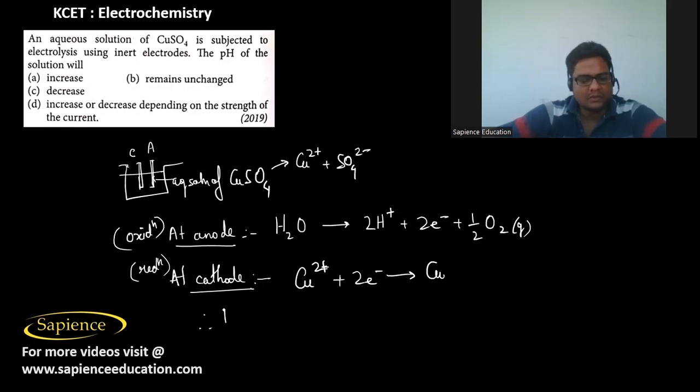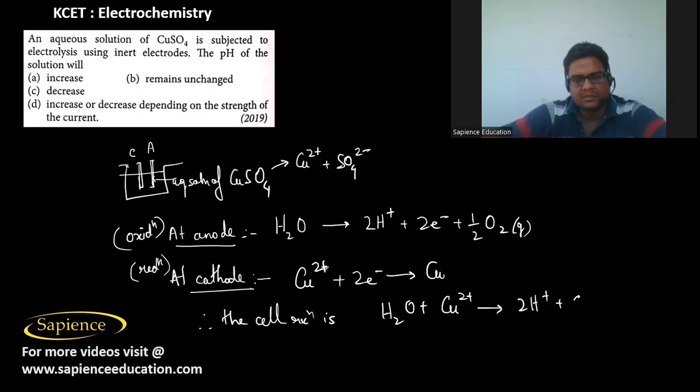Now therefore the overall cell reaction is simply we will add these two and we will cancel out the two electrons. So therefore we will get H2O plus Cu2 plus, that gives 2H plus plus Cu plus half O2. So here it means that in the solution, the concentration of the H plus ions will increase.